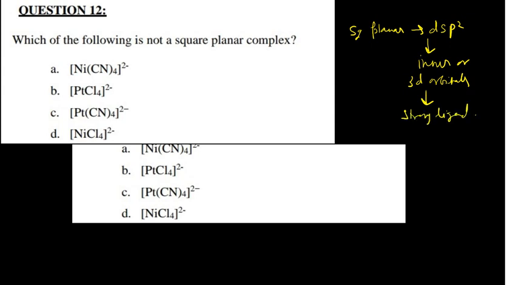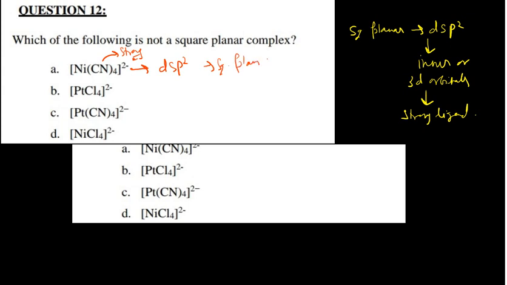In that case, cyanide is a strong ligand, so it will force the electrons to pair up in the d orbitals, and the 3d orbitals are available. It will undergo dsp2 hybridization and it is square planar.